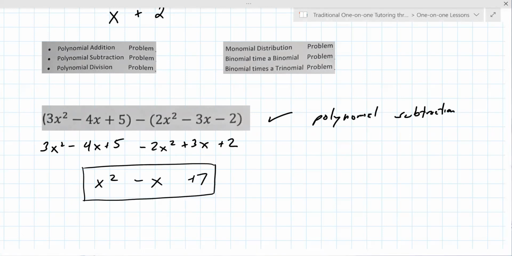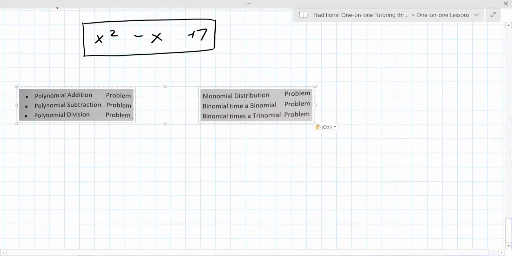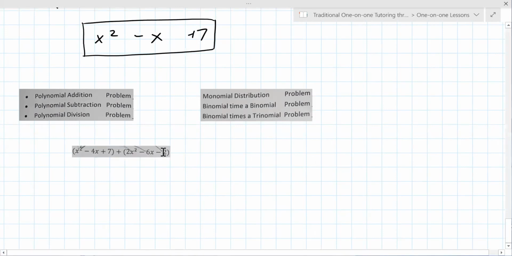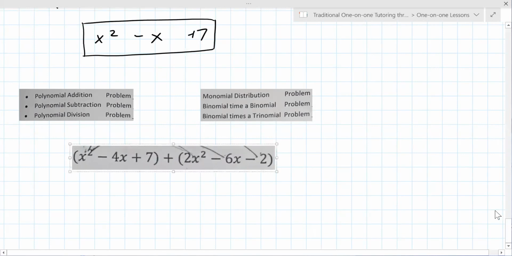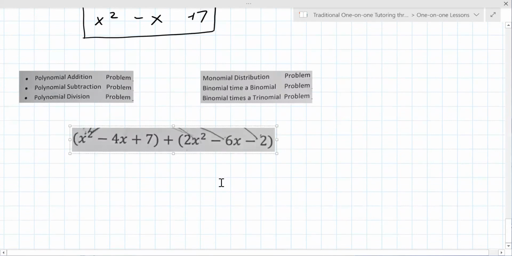All right, let's do the next one. Clean slate here. So again, let's first figure out which one this is, and you really want to start with whatever operator you see.